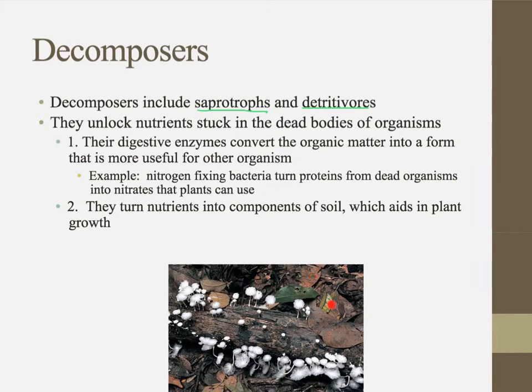So these dead leaves, for example, have nutrients locked in them. Decomposers, saprotrophs and detritivores will take those nutrients, digest them, and then those digested nutrients return to the soil, which new plants then use to grow. So that's a great example of how decomposers are a very important part of nutrient cycling.